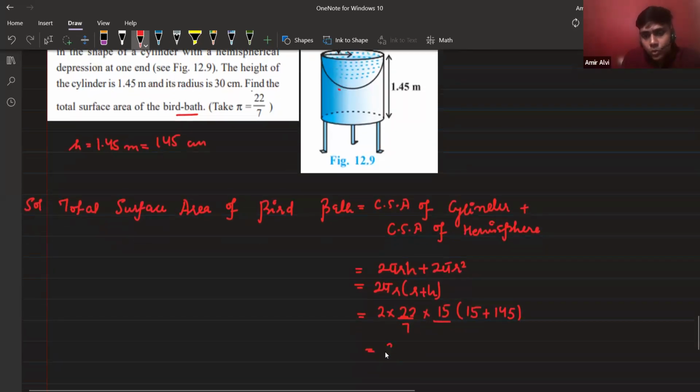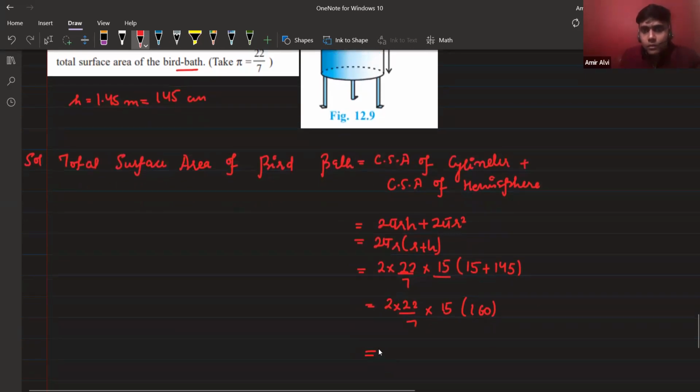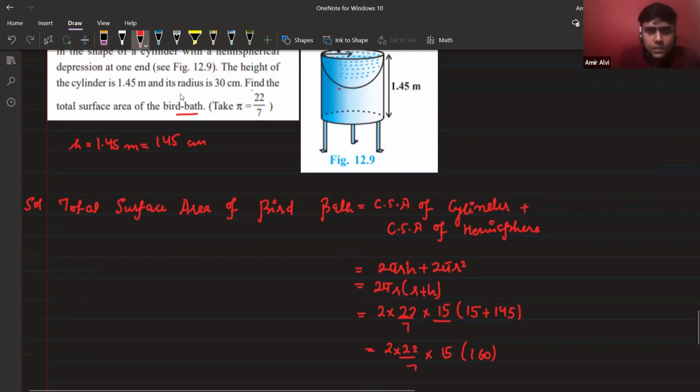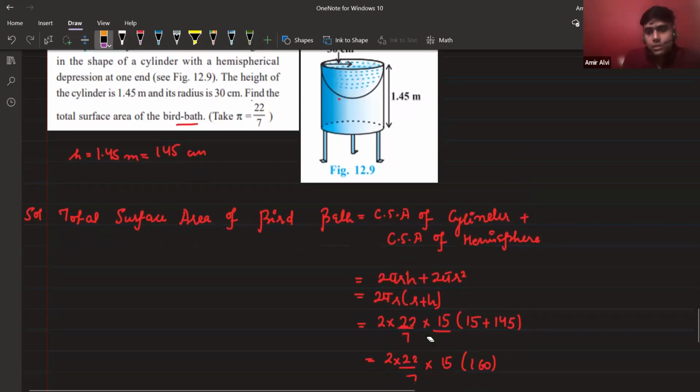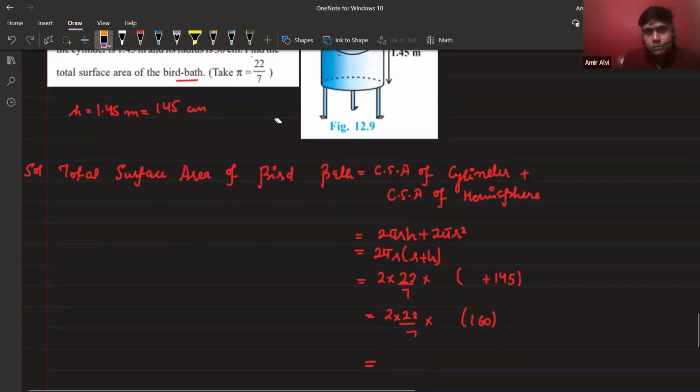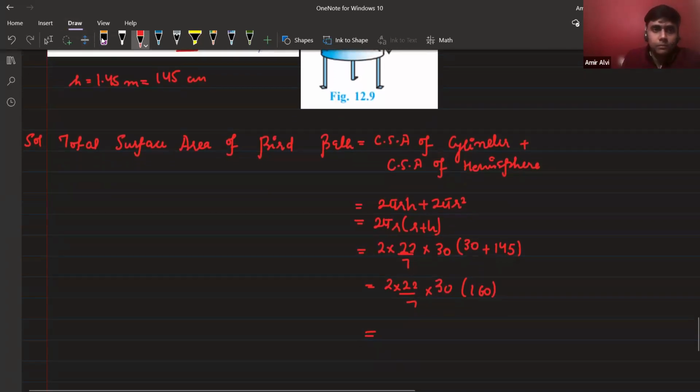Yes, sir. So 2 into 22 by 7 into 15, it will be 45, 50 and 60, 160. Clear? Yes, sir. Just a second. Okay, it's 15. 30 is the radius. It's 175.